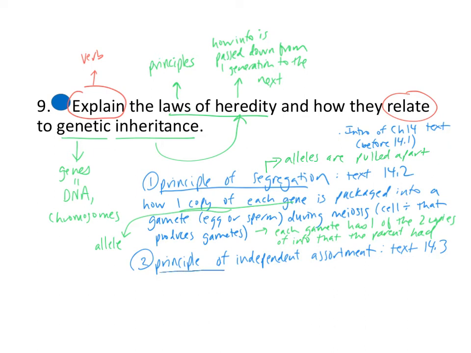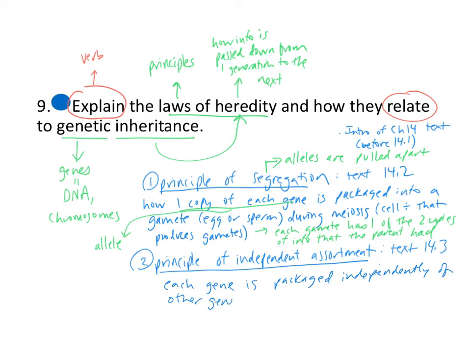Okay, now let's talk about the principle of independent assortment. And this is when each gene is packaged independently of other genes during gamete formation.